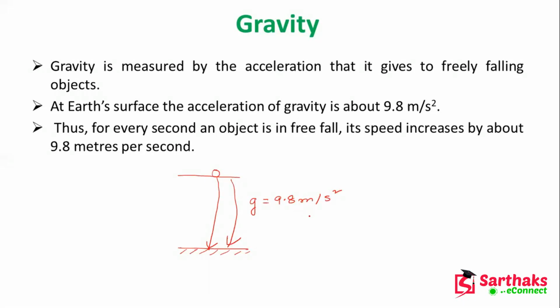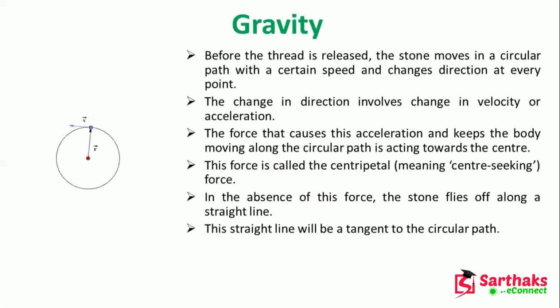Sometimes in your numericals, you can see they give g equal to 10 meter per second square. Thus, for every second an object is in free fall, its speed increases by about 9.8 meter per second. So for every second, its speed increases by how much? That is 9.8 meter per second. This much is gravity.